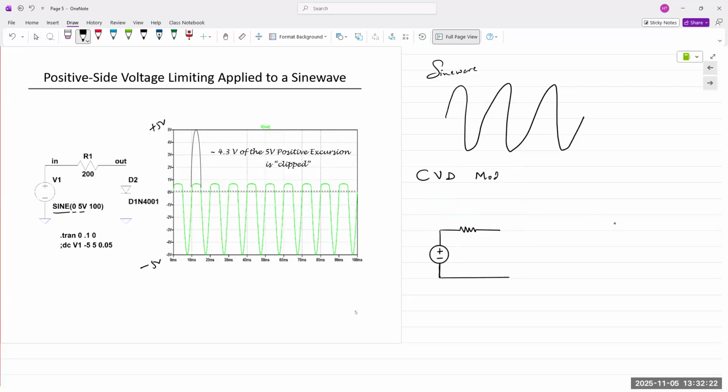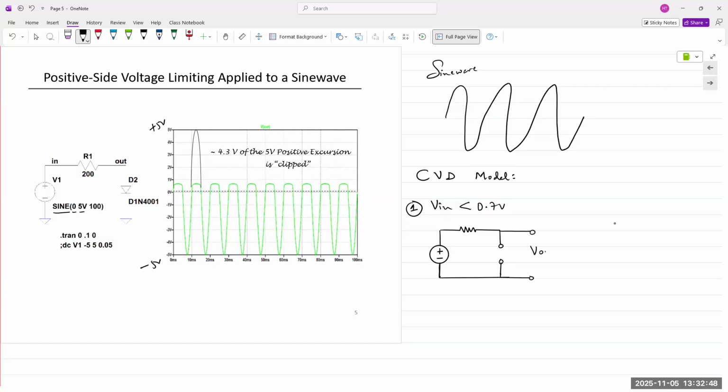So in the CVD model, what happens? Let's say V in is less than 0.7 volts, exactly what we had in the previous circuit. What happens if V in is less than 0.7 volts? It's off, right? So the diode is off.